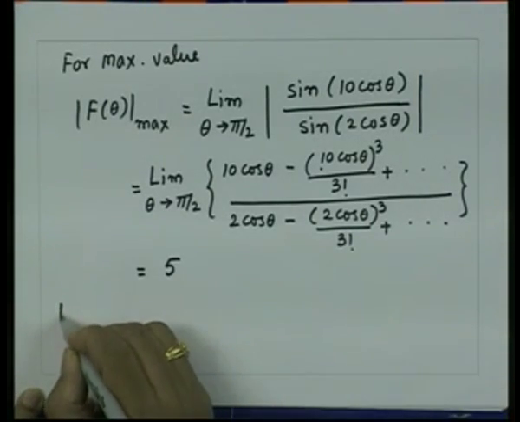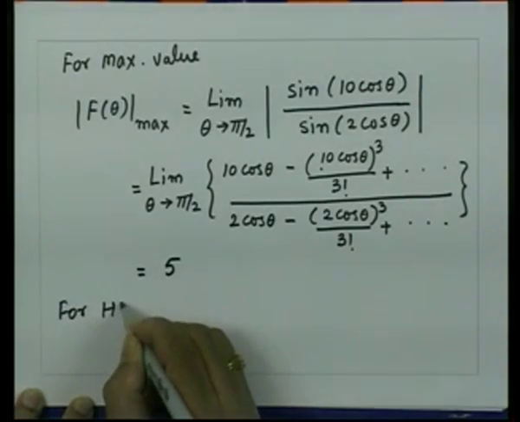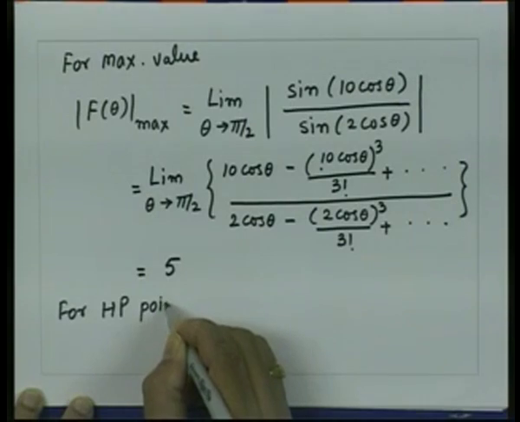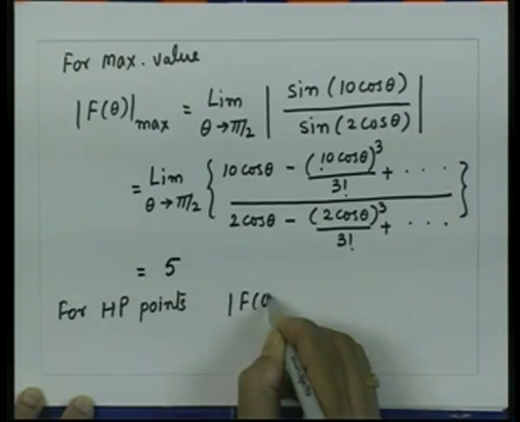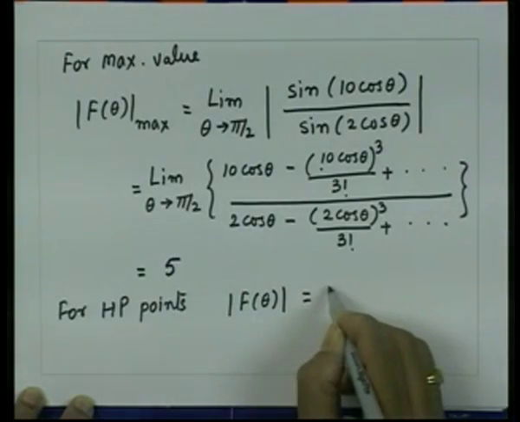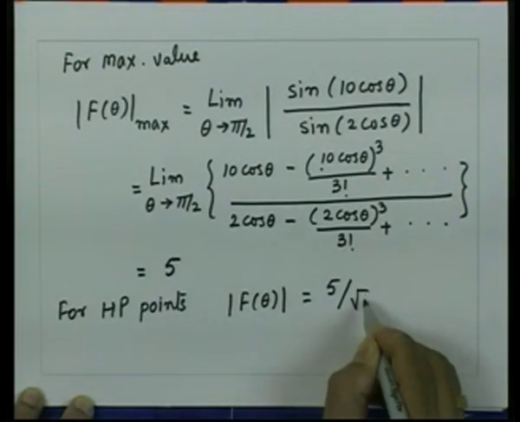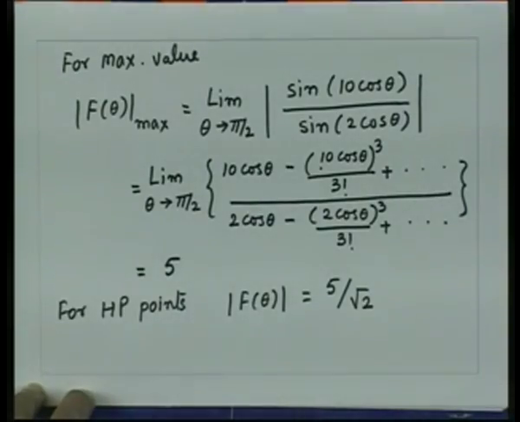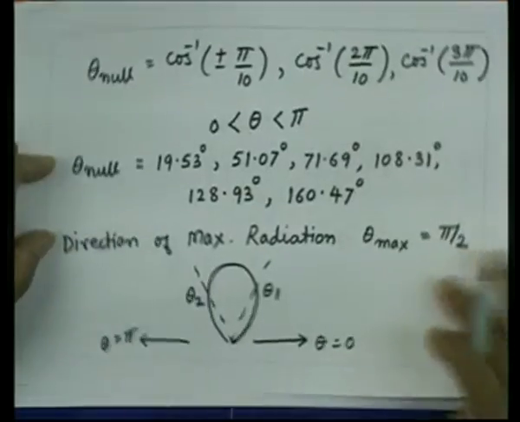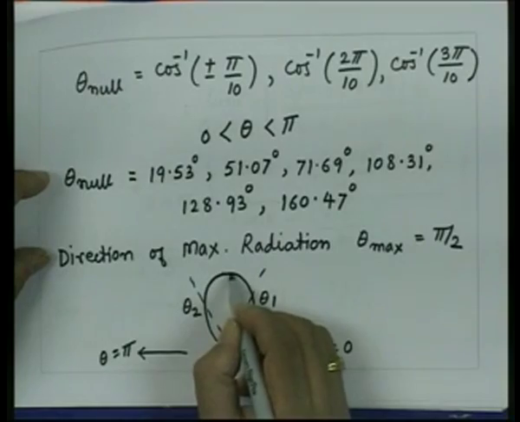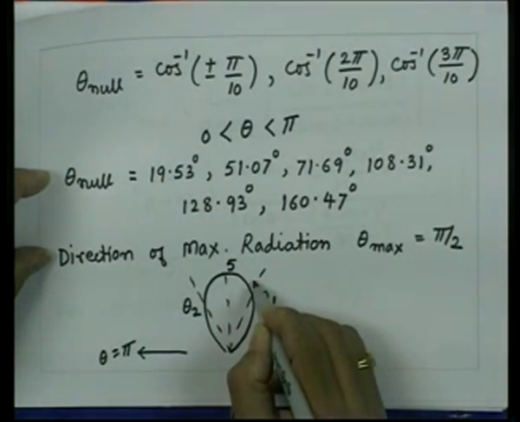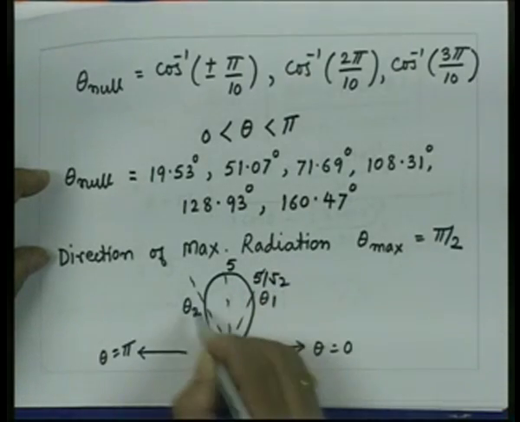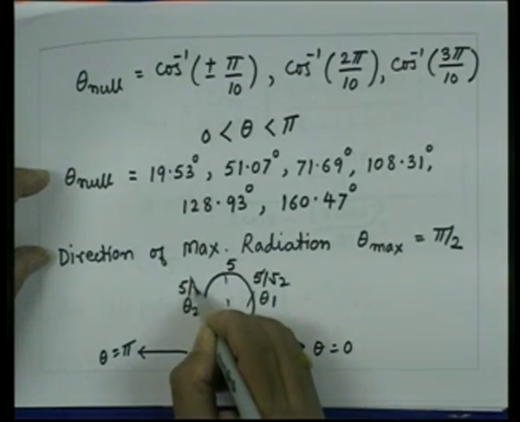So, for half power points, mod of f theta should be equal to 5 upon root 2. Here you have the maximum value, which is equal to 5 in the radiation pattern, and this point now is 5 upon root 2.